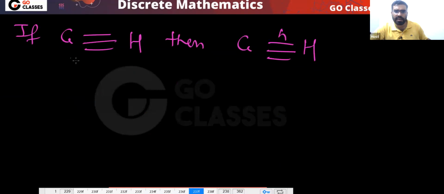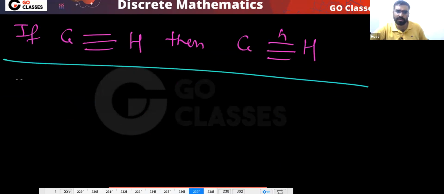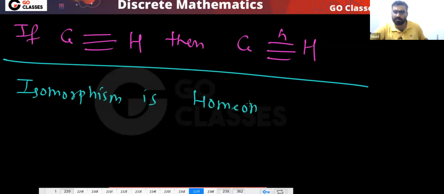Now you can notice that if they are isomorphic, then they are homeomorphic. So every isomorphism is a homeomorphism, but not vice versa.